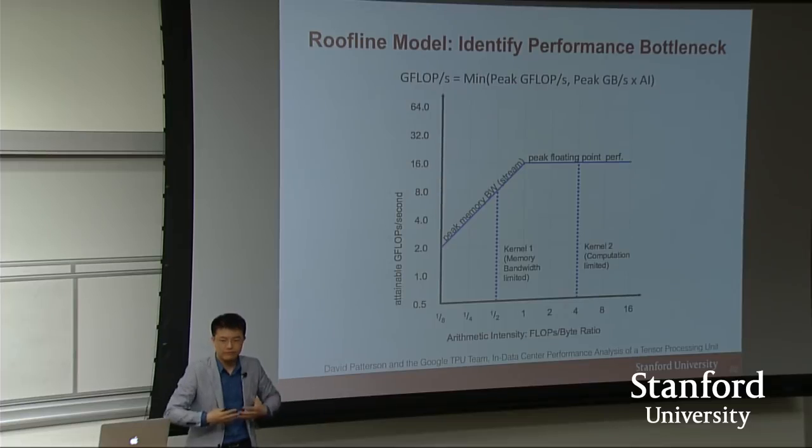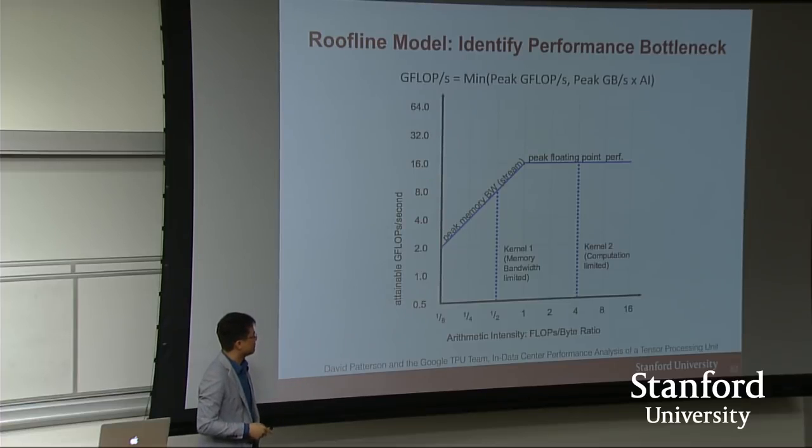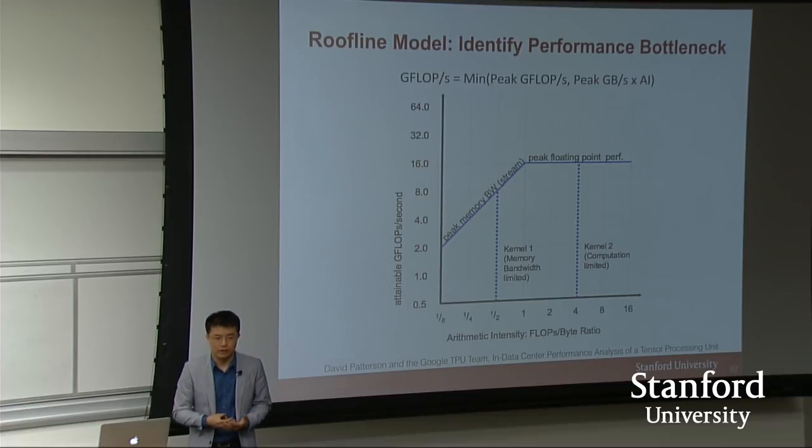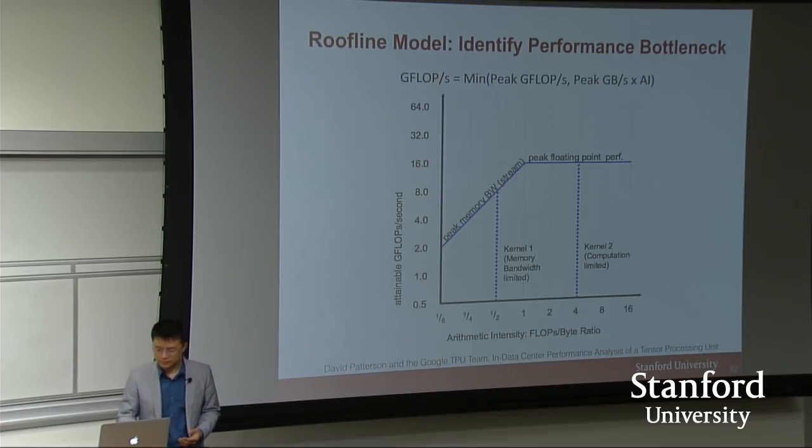So how much you can fetch from the memory determines how much real performance you can get. And remember, there is a ratio when it is 1 here. This region, where it happens to be the turning point, is the actual memory bandwidth of your system.